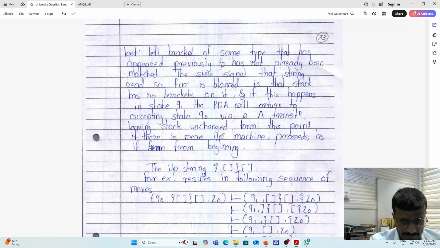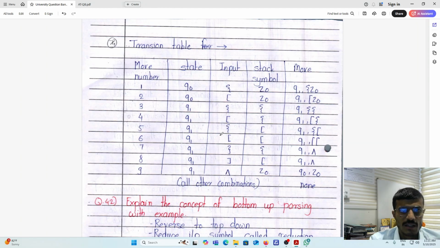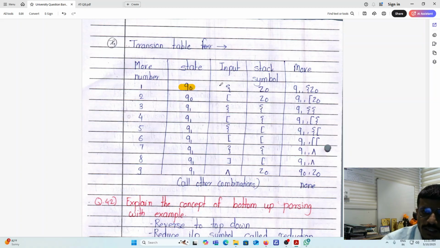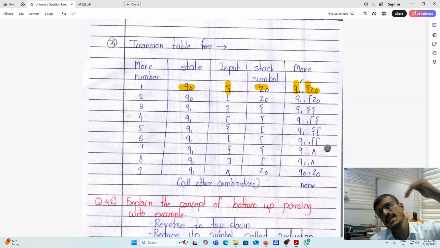Now we have to design the push down automata for that. So the move number will be what? Initially it will be at state Q0, with input symbol null, top of the stack will be Z0, so it will go to Q1 and opening curly Z0 will be there, meaning opening curly will be pushed in the stack.